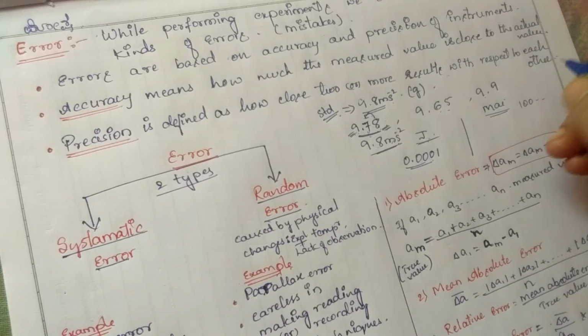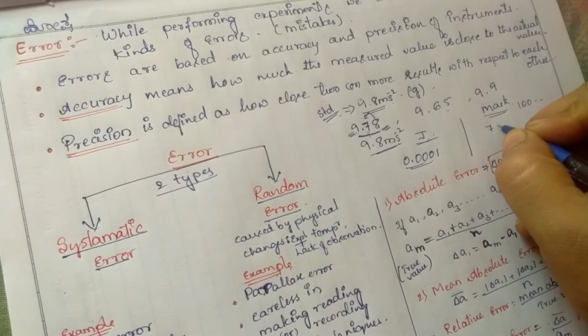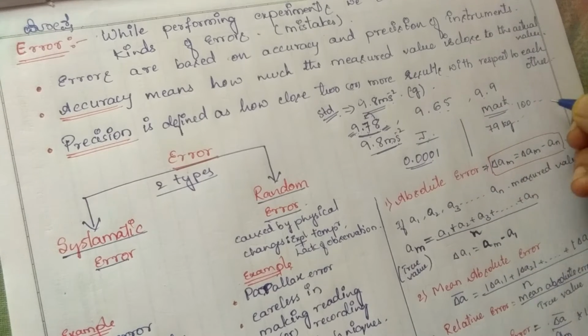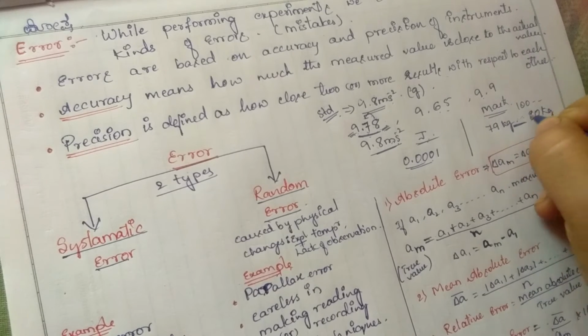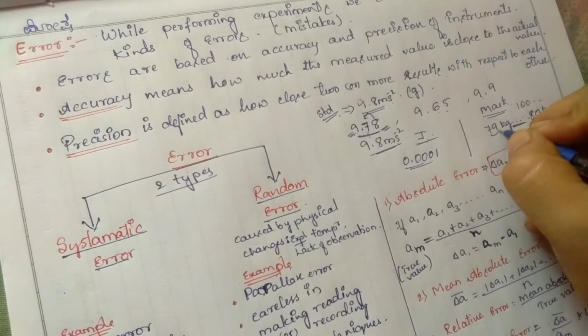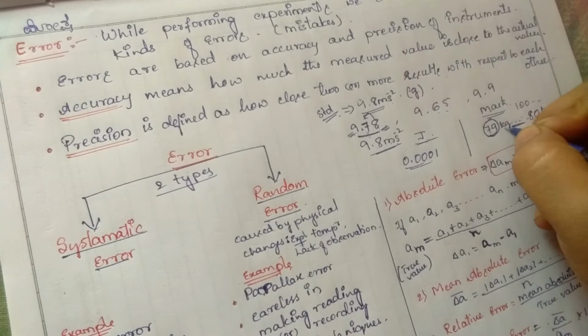In the market it nearly shows 79 kg or next to 80 kgs, so it gives a round figure of the weight.